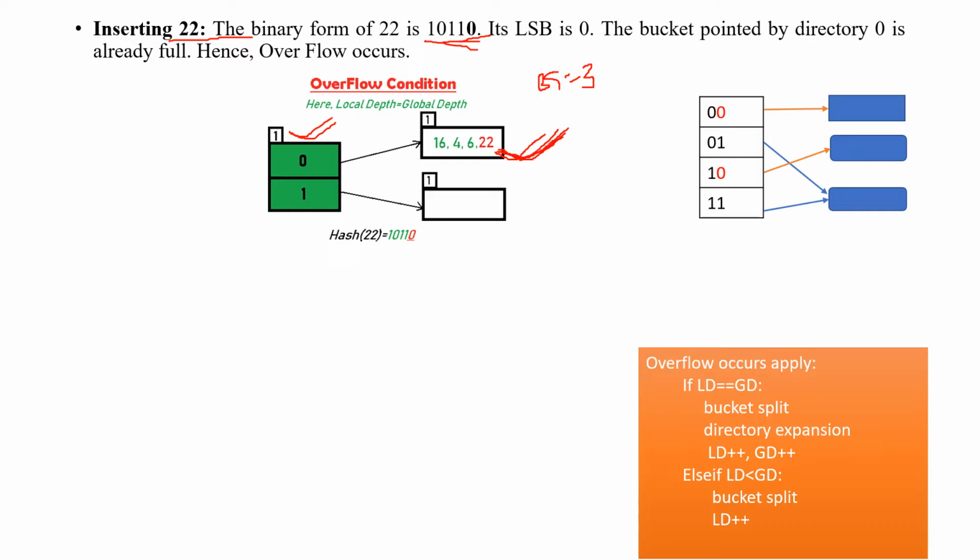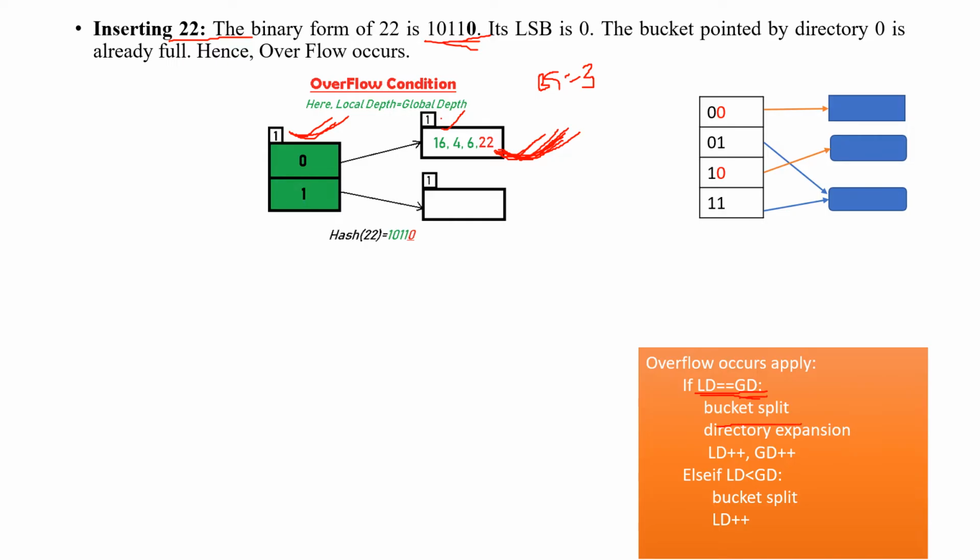Then extendable hashing says that if this type of situation comes, you have to check 2 things: the local depth of the overflowed bucket, this bucket, which the 0th directory ID is pointing to. What is the local depth of this bucket? The local depth is 1 and the global depth value is 1. If both the local depth and global depth are equal, what will you do?